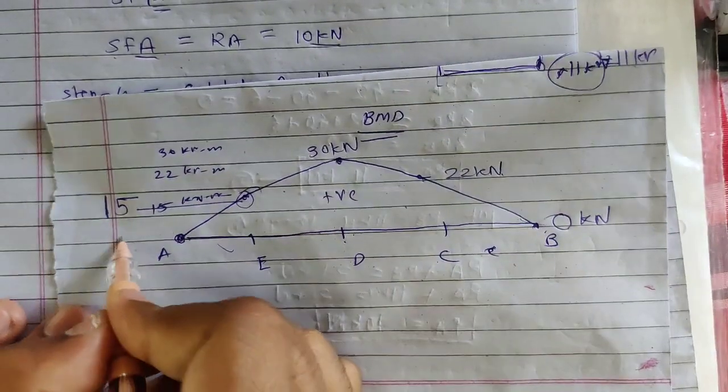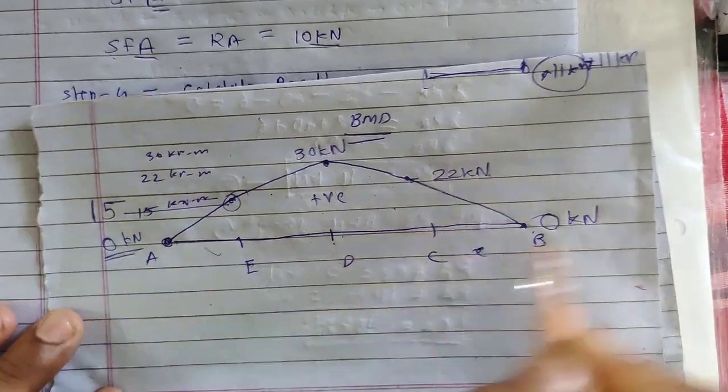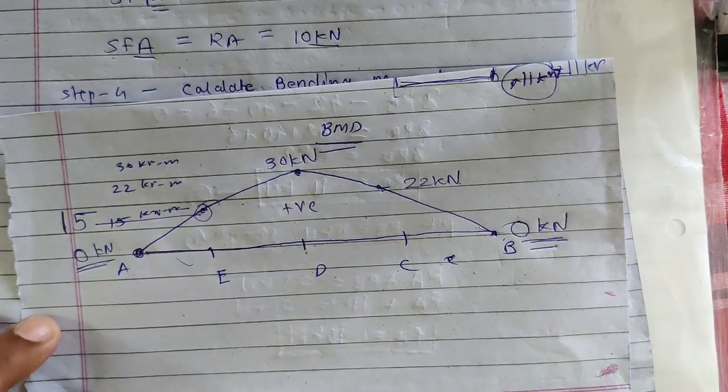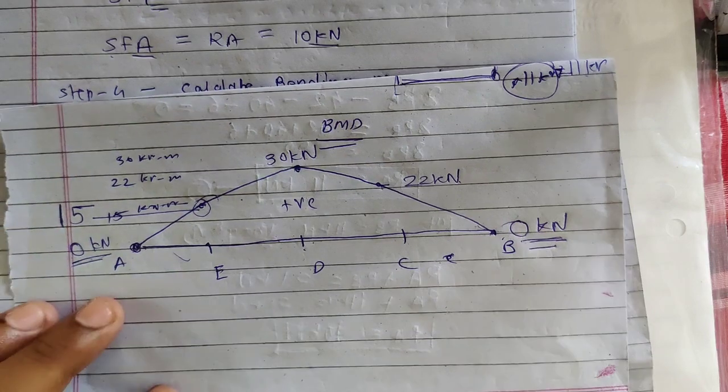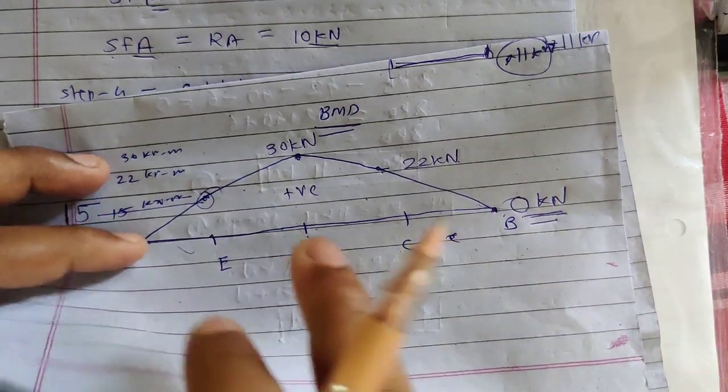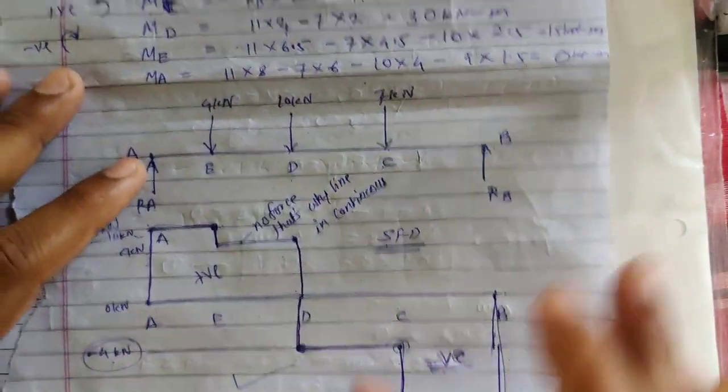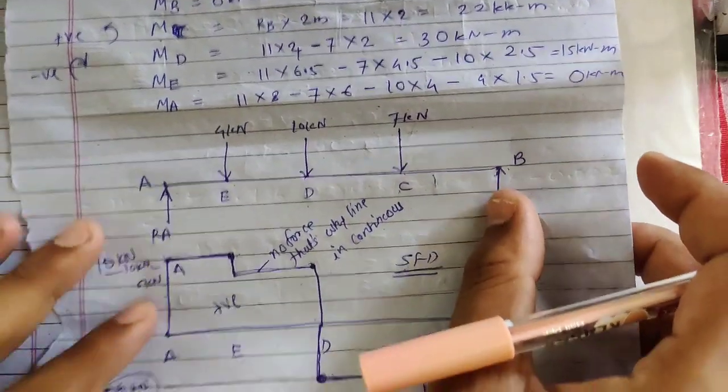At A and B there will be no moment, so 0 value comes out. Okay, so hope you understand all the procedure to calculate bending moment and shear force diagrams.